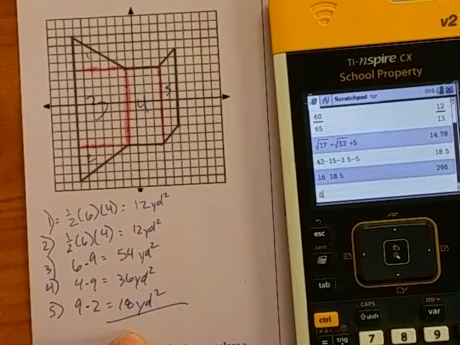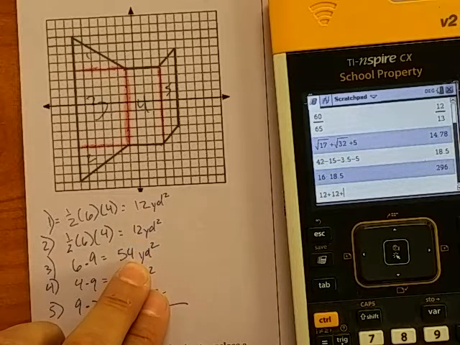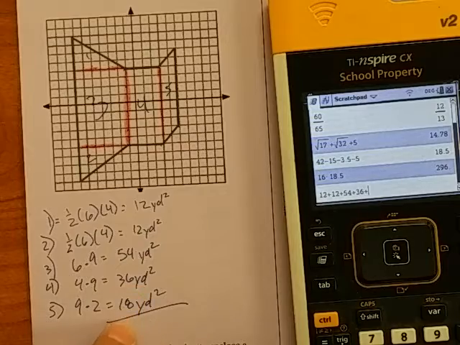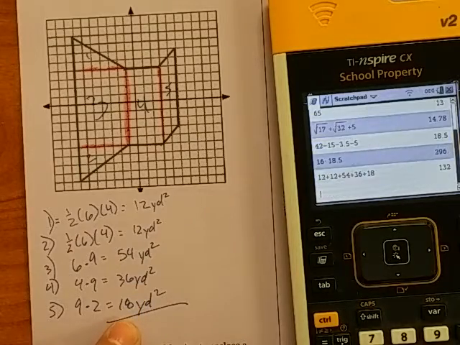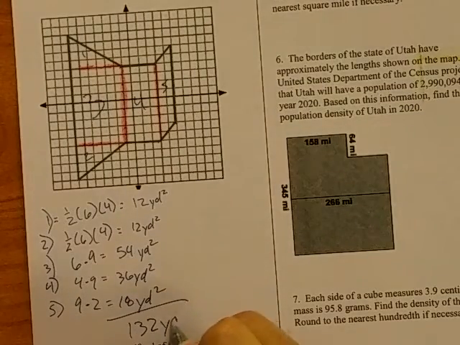So I have 12 plus 12 plus 54 plus 36 plus 18. Enter. I get 132 yards squared.